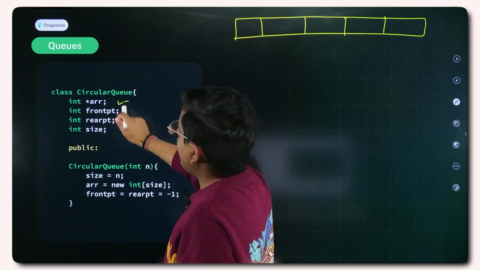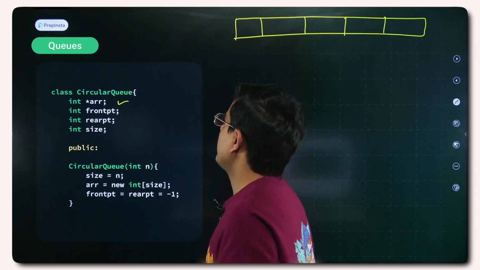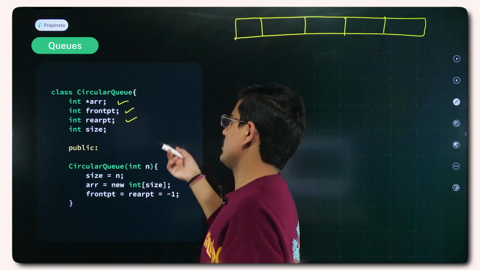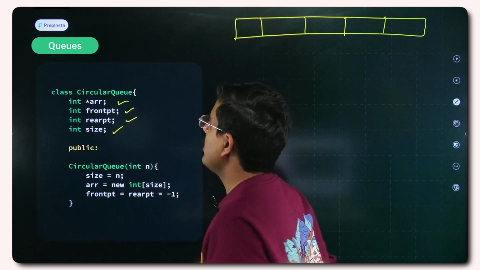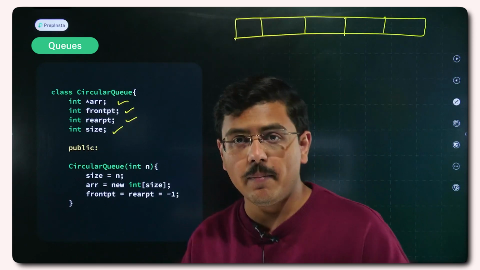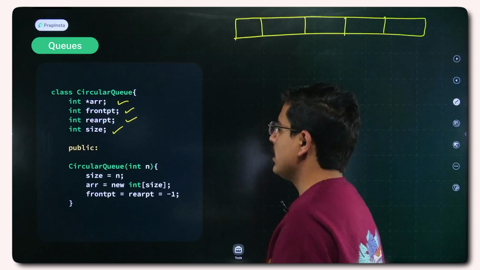This array I declare, basically I dynamically allocate the memory. I declare a front PT, which is the front pointer. I declare the rear PT, which is the rear pointer. I declare the size variable, which will store the size of the array that I'm going to take to implement this particular circular queue.